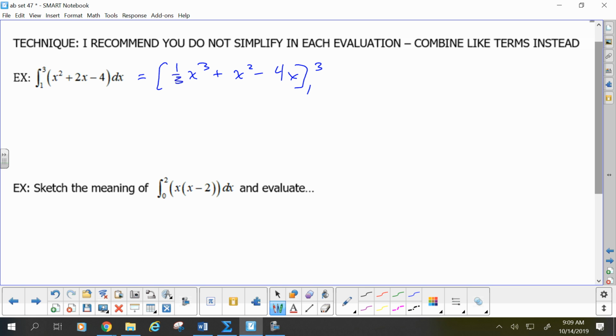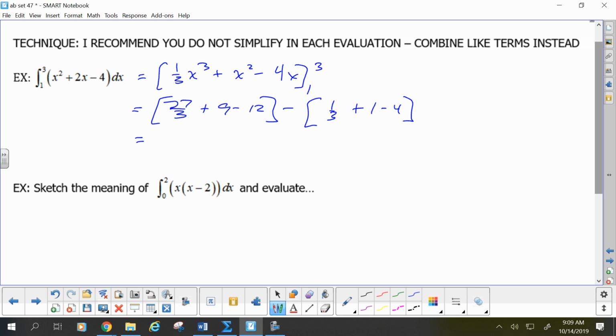Now let's talk about making our life easy. When I evaluate, when I put in 3, I'll get 27/3, do not reduce, plus 9 minus 12, minus, do you see where I'm coming from? 1/3 plus 1 minus 4.